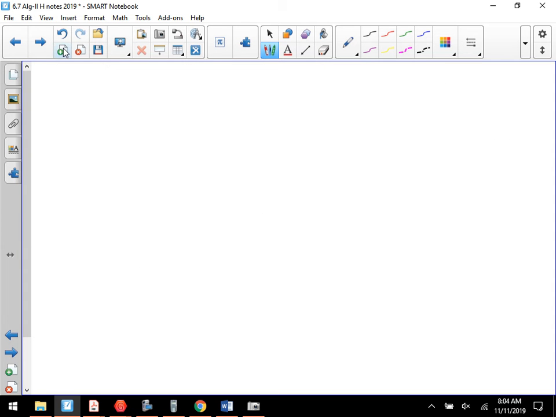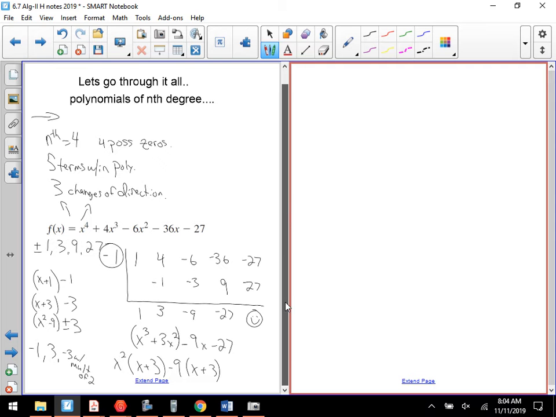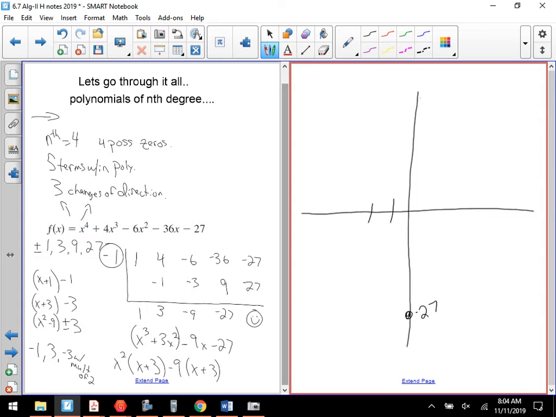Let me change this to 2 pages here. So we knew there's another point that you can plot. What's that other point? Y-intercept. So I can just say this is -27. Okay. Zeros are at -1, -3 with multiplicity, and 3.